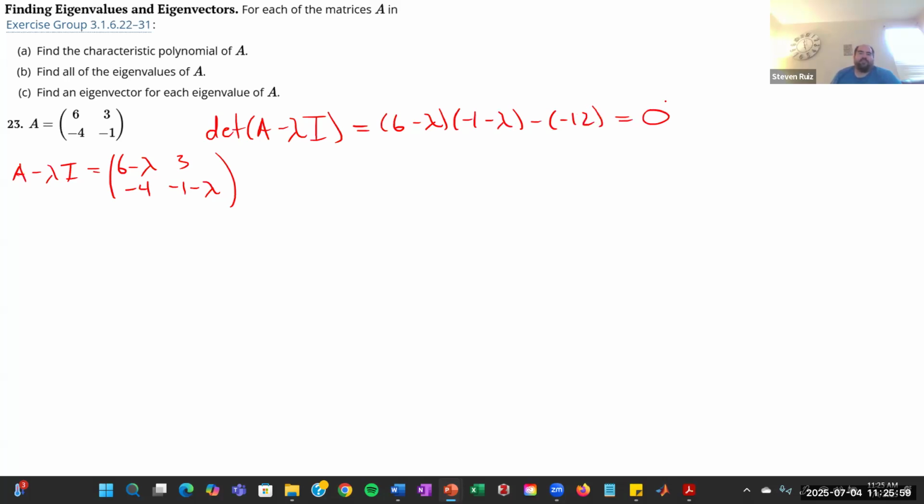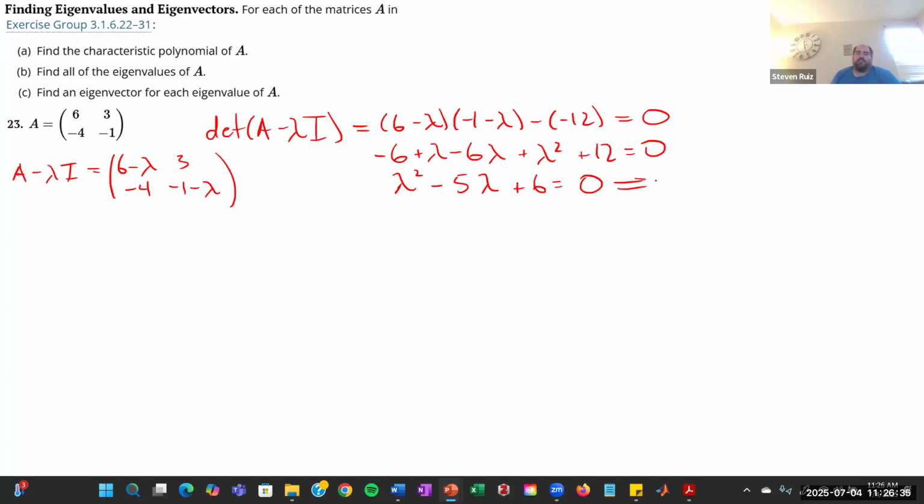Basically, I need to look for the lambda values that are going to make the determinant equal to 0. So if I distribute, -6 plus lambda minus 6 lambda plus lambda squared plus 12 equals 0. So lambda squared minus 5 lambda plus 6 equals 0.